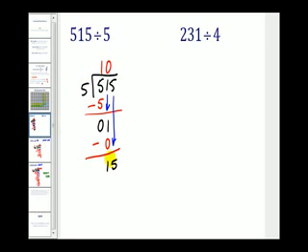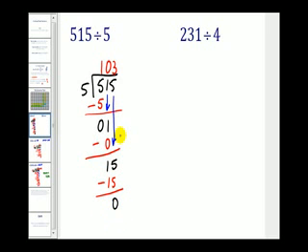Well, there are 3 5s in 15, so we place a 3 above the 5, and we multiply again. 3 times 5 would be 15, and we subtract. Notice our final difference is 0, and since there are no more digits to bring down, this tells us our remainder.